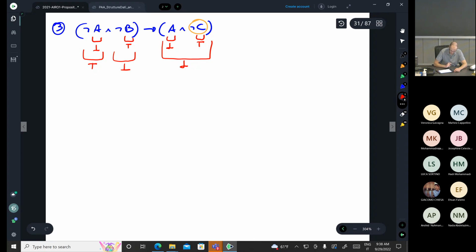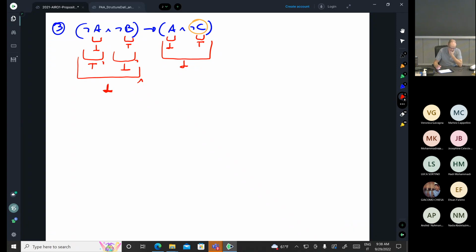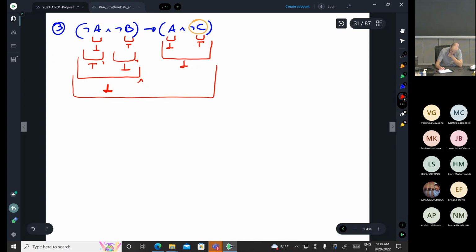Okay, so now we know that the whole conjunction will be false. So this is the negation and the conjunction. Now, it's false implies something, so we know that this whole thing is true.